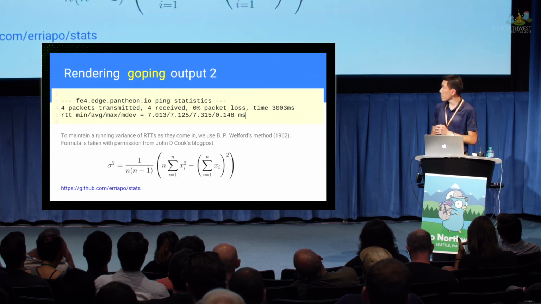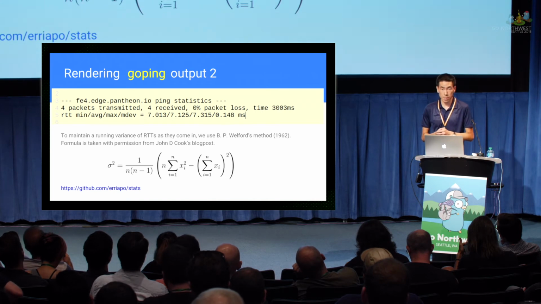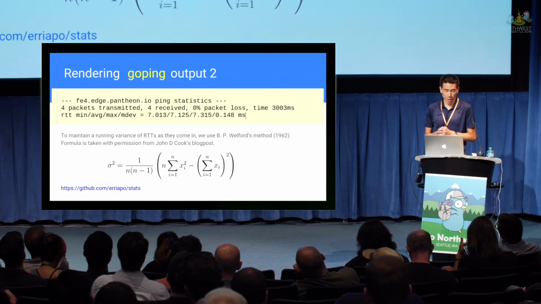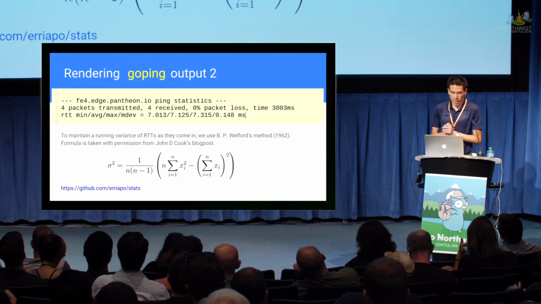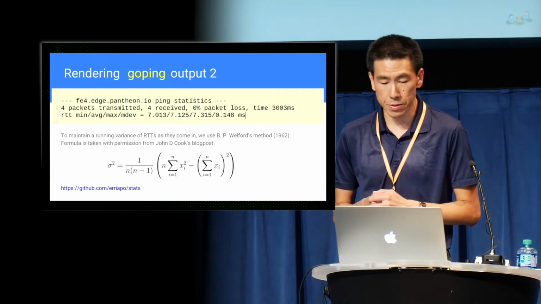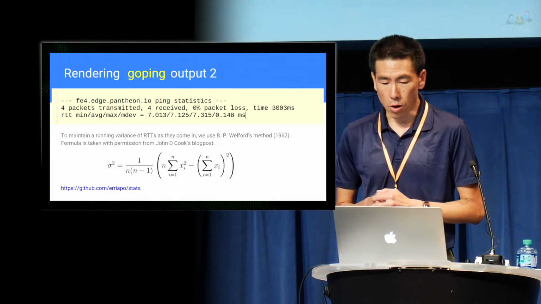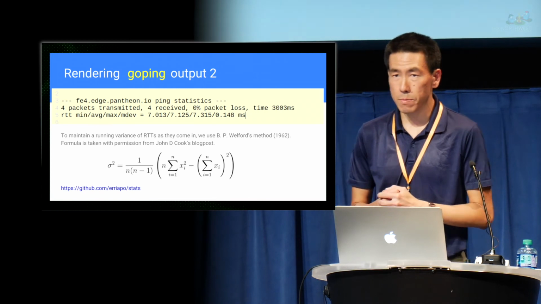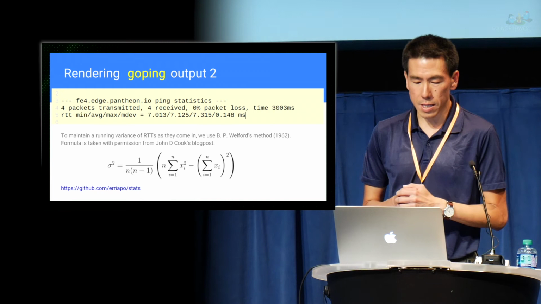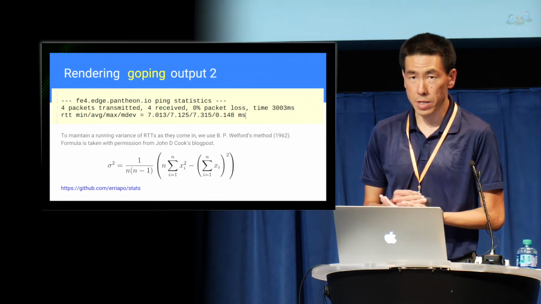The formula that you see up there is the mathematical formula to calculate variance. But I've learned from this guy, John D. Cook, who introduced us to an old method from 1962 by B.P. Welford, which provides you the correct answer.